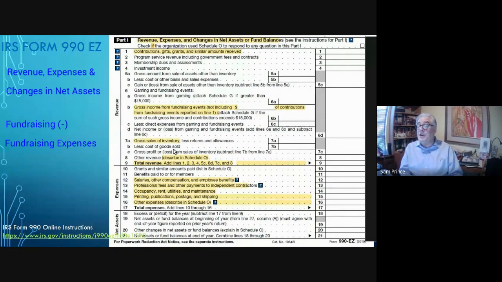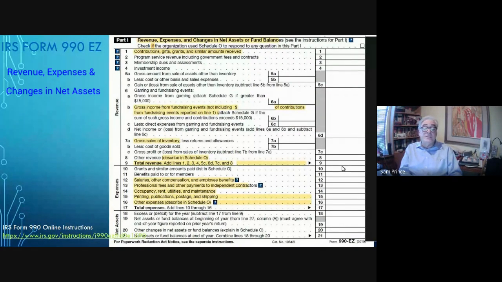What did it cost you to acquire those goods that you sold? That's where you would put that amount. And then 7C is you deduct the cost of goods sold, 7B, from 7A, which is gross sales, and you get the gross profit or loss from the sales of inventory. Any other revenue would be listed in 8, and then number 9, you would total all of those lines up to get your total revenue.